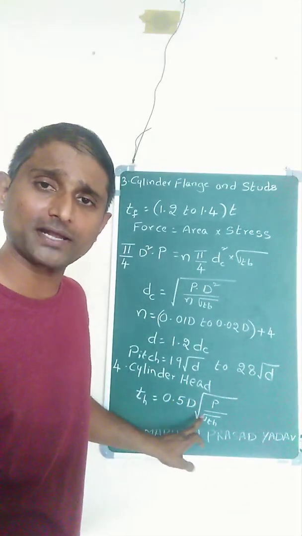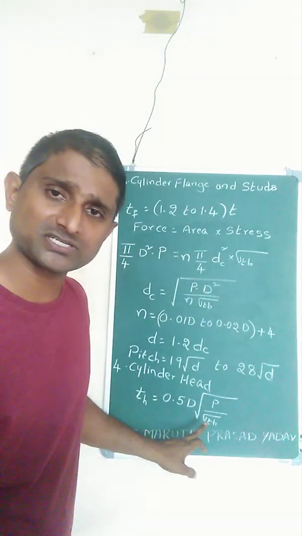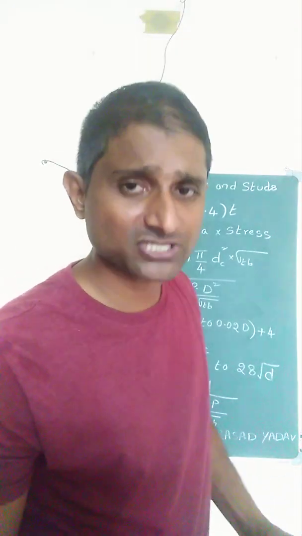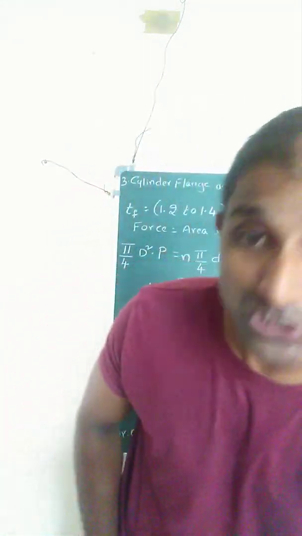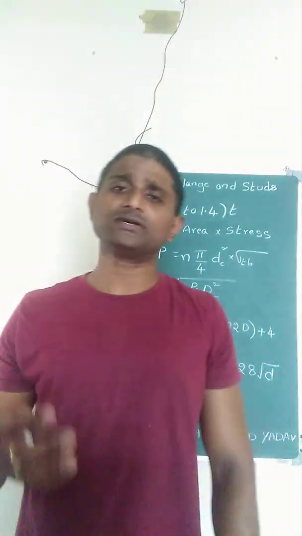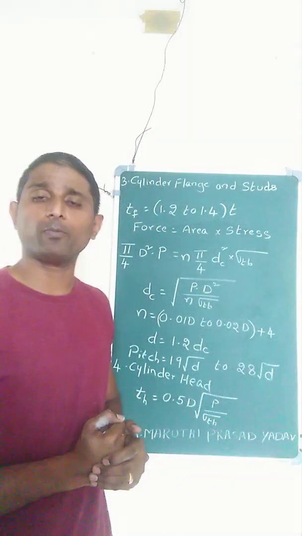That is 0.5 into bore diameter, square root of maximum pressure developed divided by sigma suffix TH, the allowable tensile stress of cylinder head material, and that value is also given in the data book.